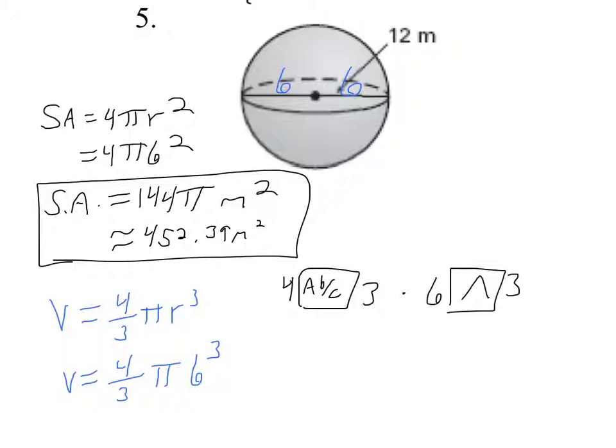So let me type that in. 4/3 times 6 to the third, and it comes out to 288. So our volume is 288 pi cubic meters. And if you type that in to round it, you get 904.78.